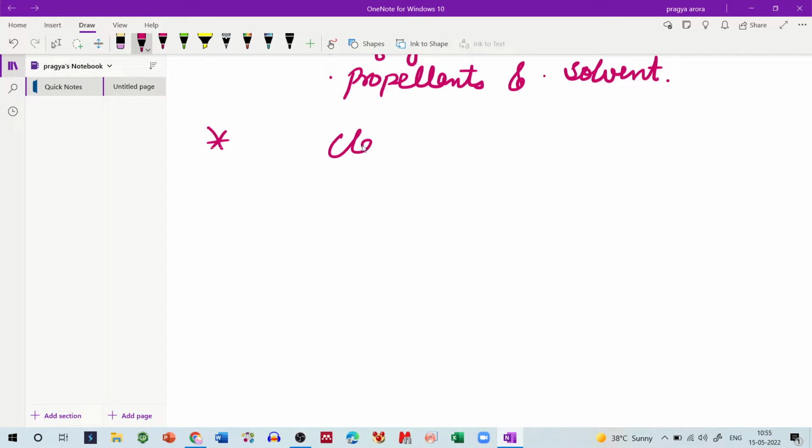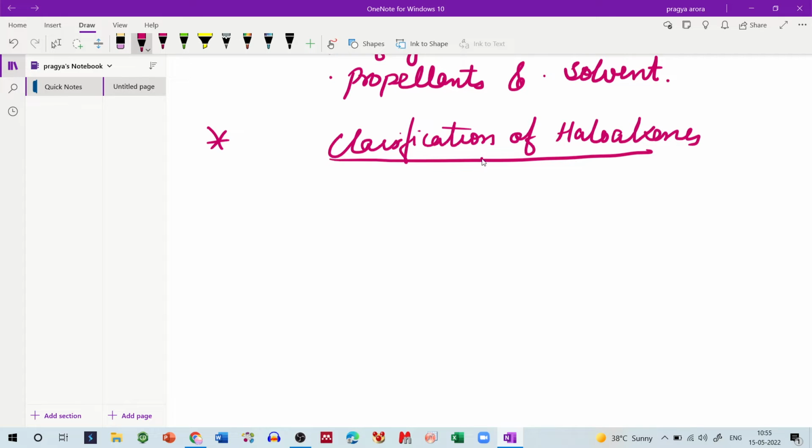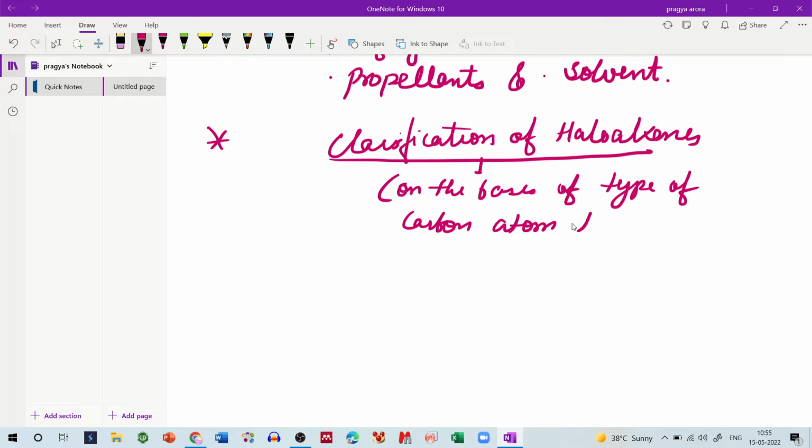So these haloalkanes could be divided into three types: classification of haloalkanes. This classification is on the basis of the type of carbon atom to which the halogen atom is connected.